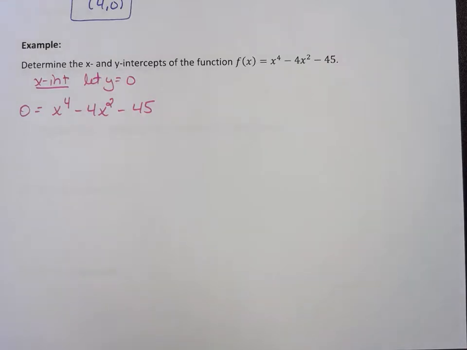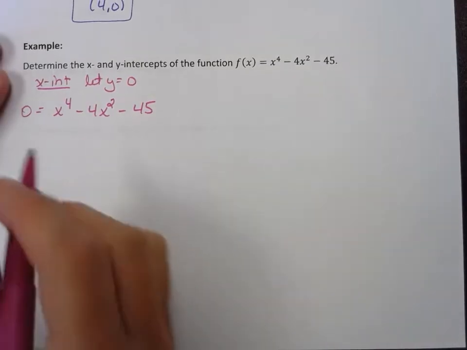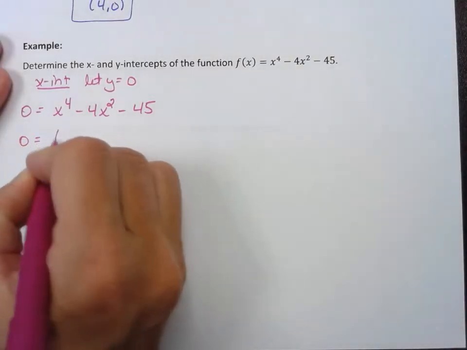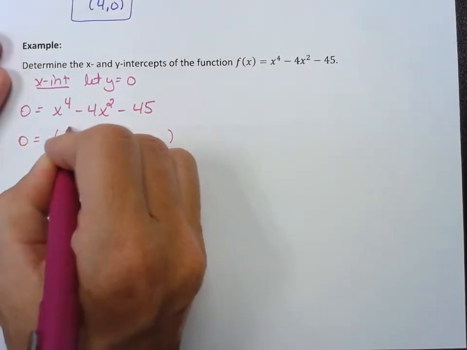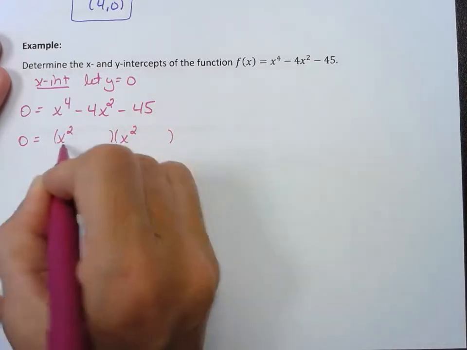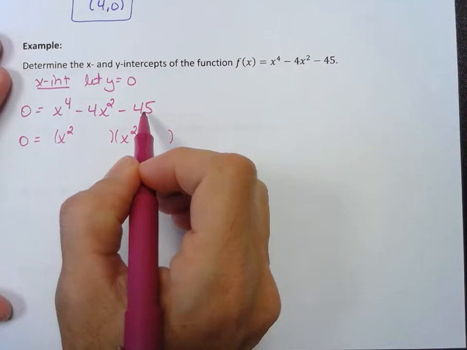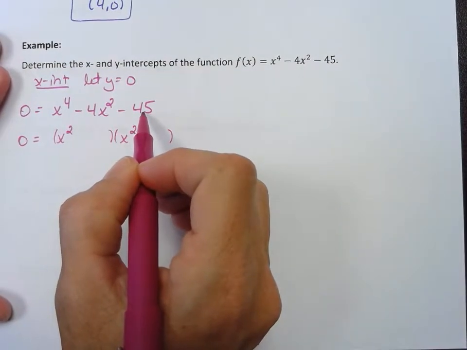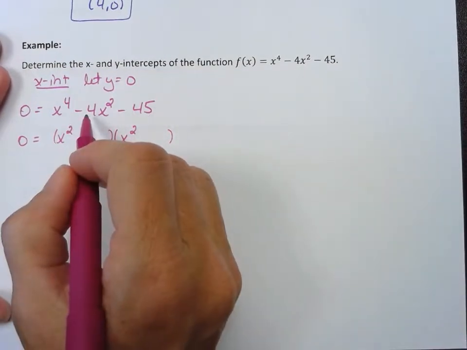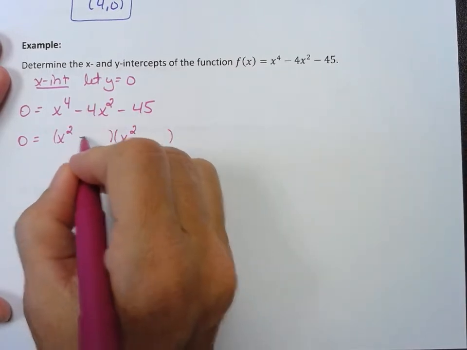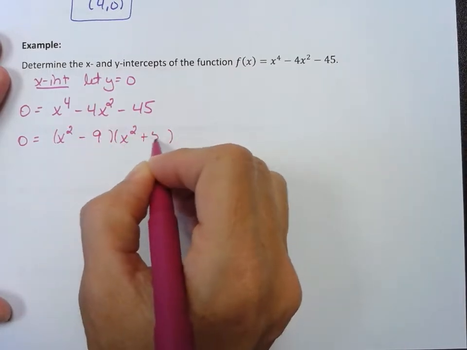Go back and review your factoring, but hopefully by now you can actually factor this one. So this will factor into (x squared)(x squared), which is how we get our x to the 4th. Factors that multiply to negative 45 but add to negative 4 would be a negative 9 and a positive 5.